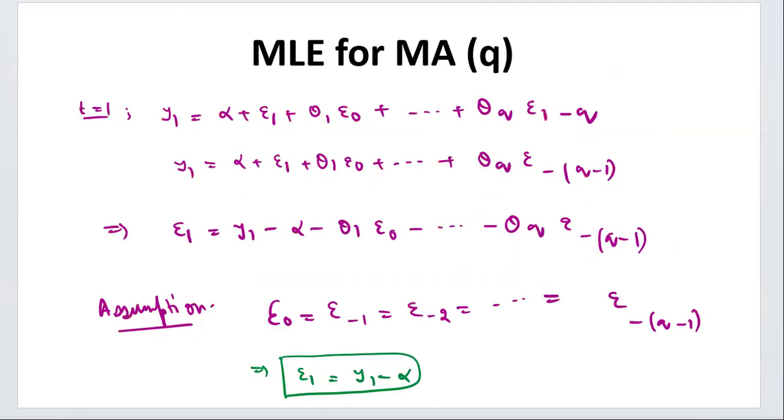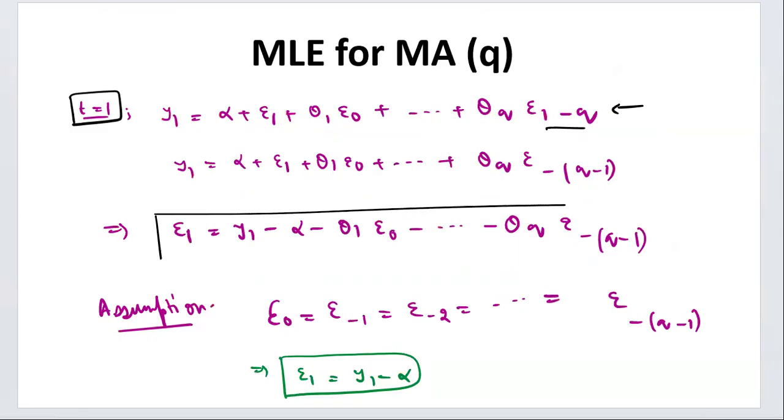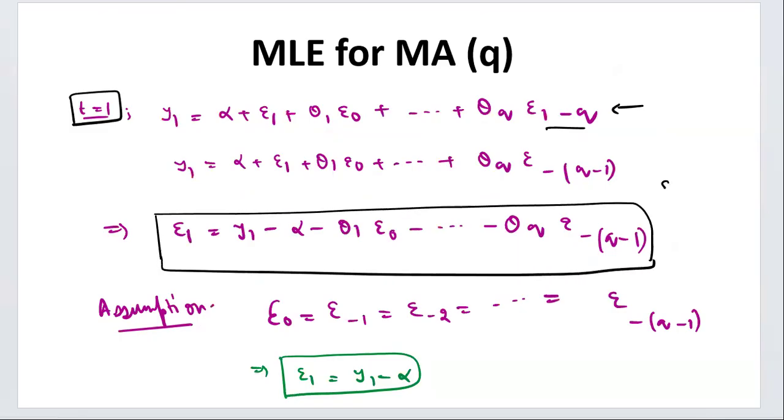I have written everything. Start with t equals 1, the same as we did for MA1. Write the model first, then write everything in terms of epsilon 1. This is the functional form of epsilon 1 as a function of y1.